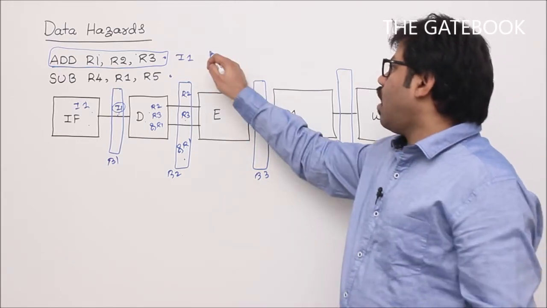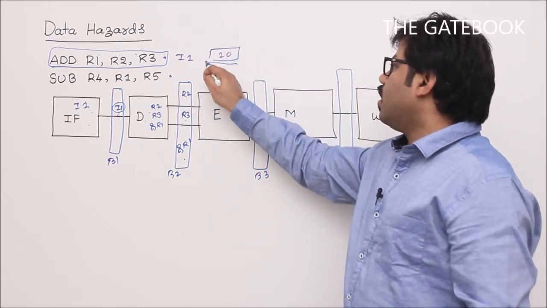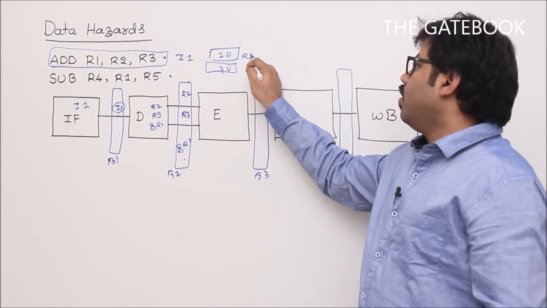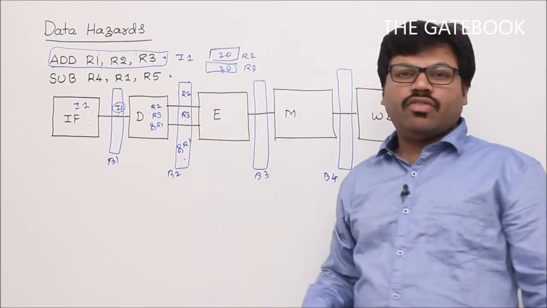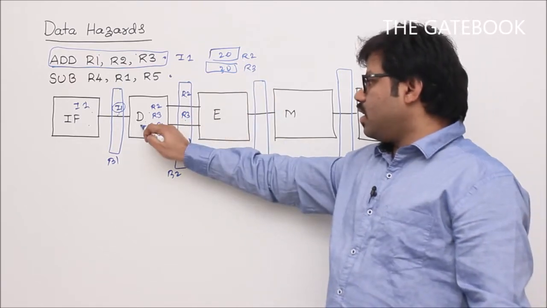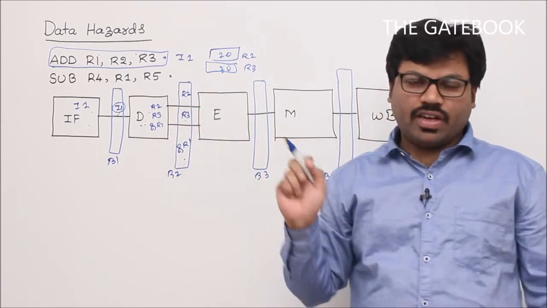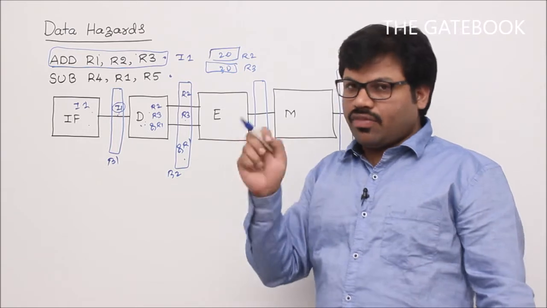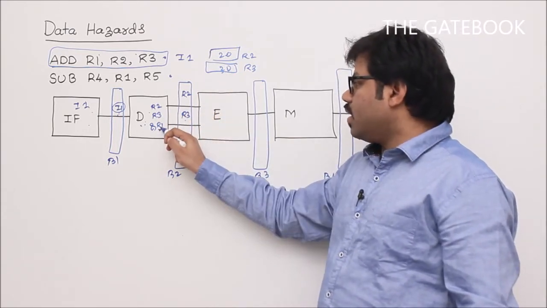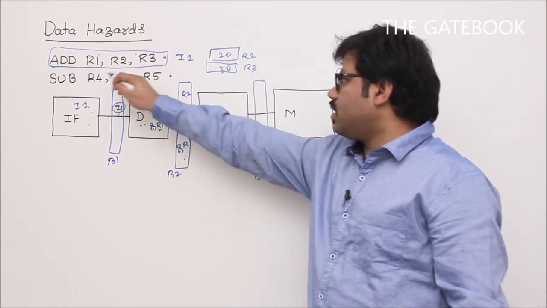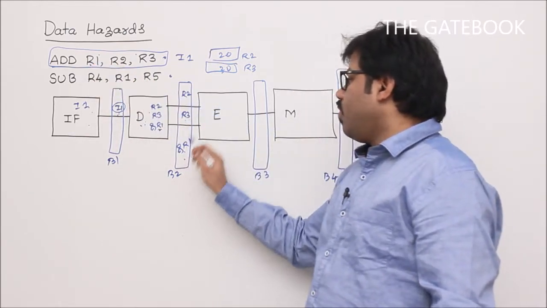For example, let's say the R2 content is 20 and the R3 content is 30. Then we will be forwarding value 20 and value 30, which we read in this decode stage from the register file. Do you remember? In the register file we have R2, R3; we read them and take the values, and apart from that, the R1 address which is mentioned in the instruction will be forwarded.